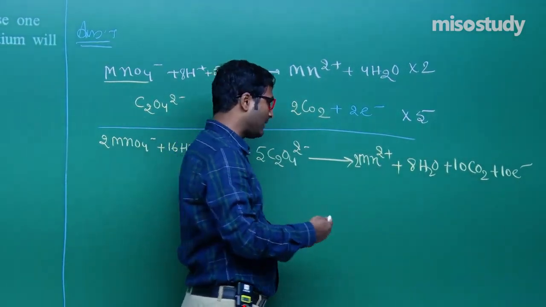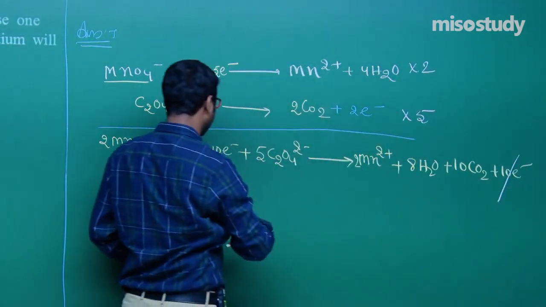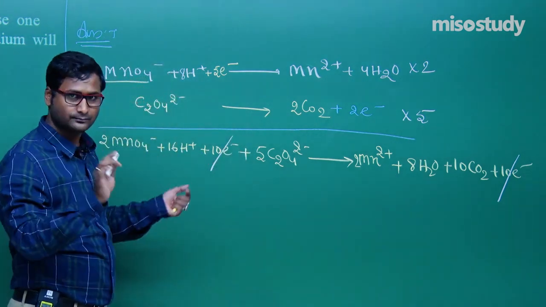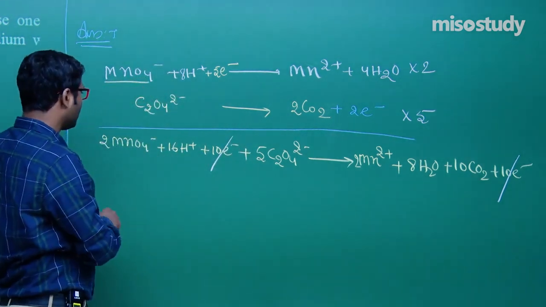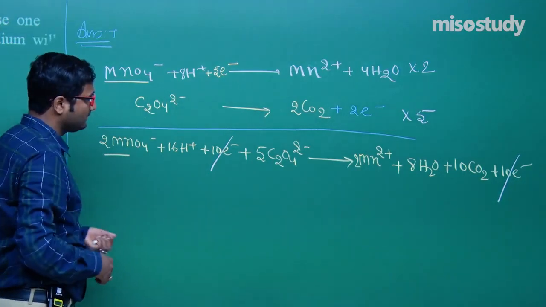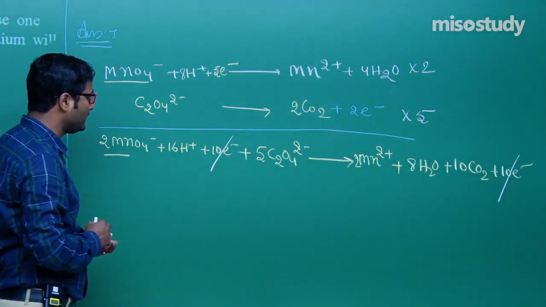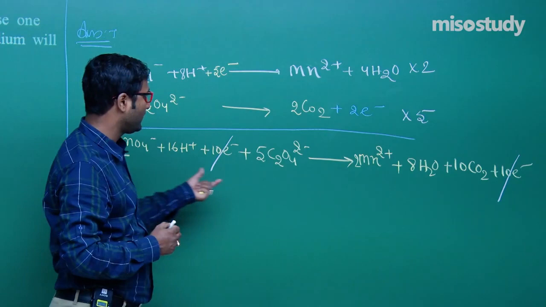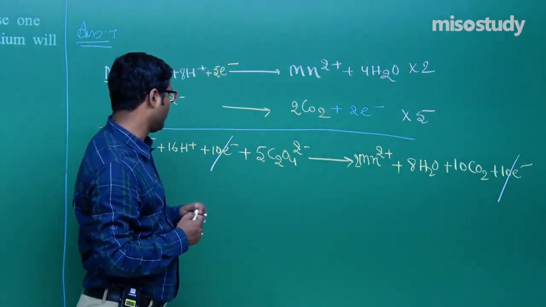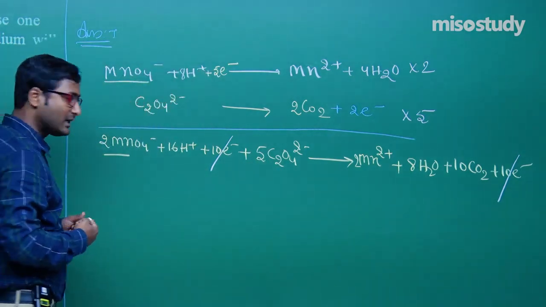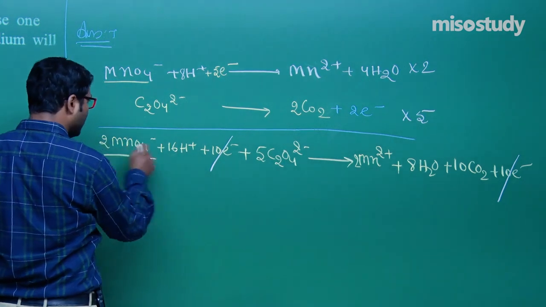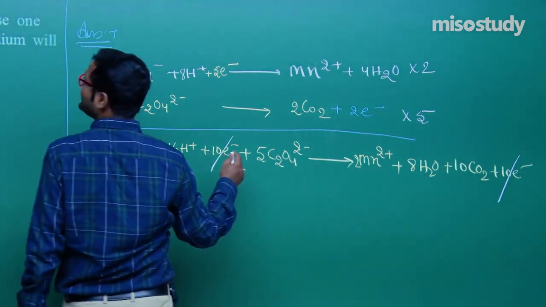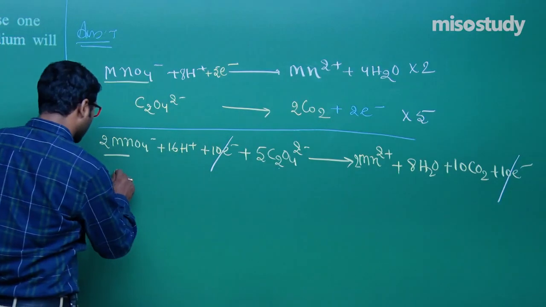Clear? Now what will happen? These 10 electrons moving here will cancel this one. Now check out the balancing: 2Mn, 8 oxygen, and 5 to 10, that 10 to 20. Completely balanced here.